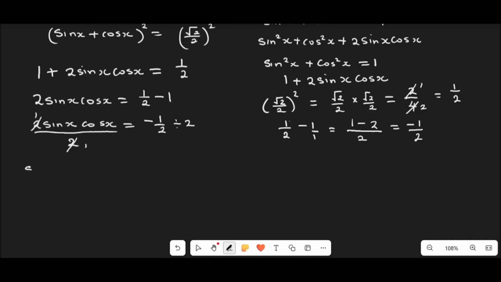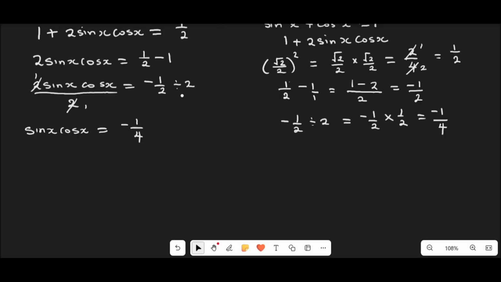So we have sin x cos x equal to, let us simplify this further, minus 1 over 2 divided by 2 is the same thing as minus 1 over 2 multiplied by 1 over 2, which is going to give us minus 1 times 1, we have minus 1. 2 multiplied by 2 give us 4. So here we have minus 1 over 4.